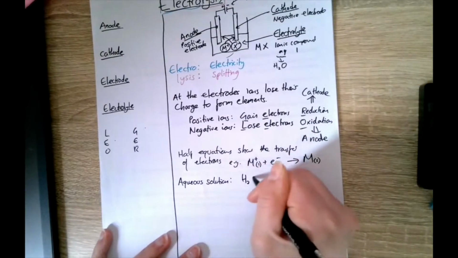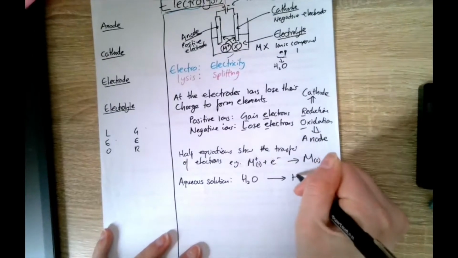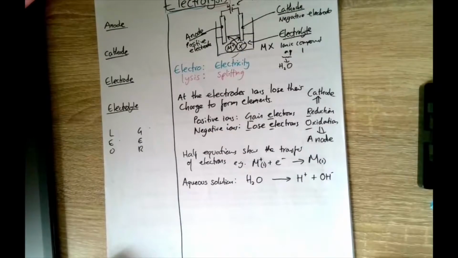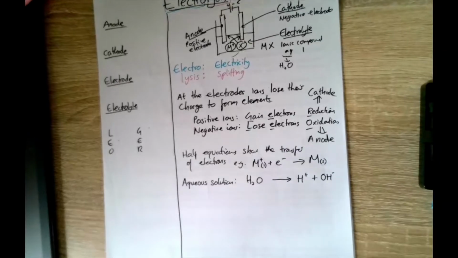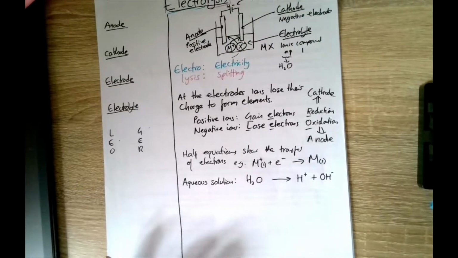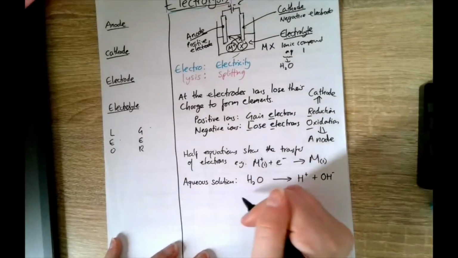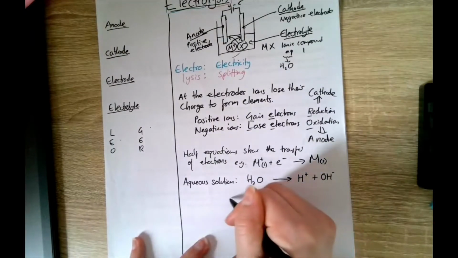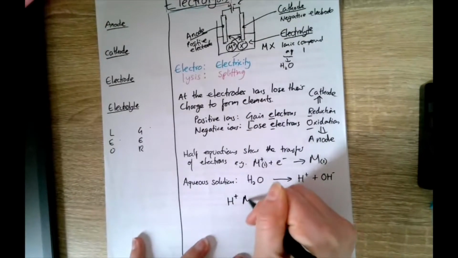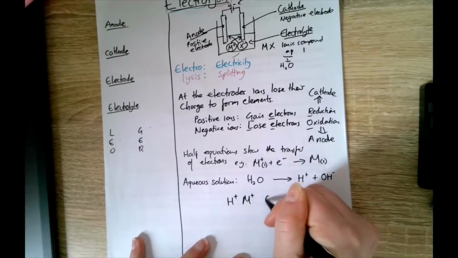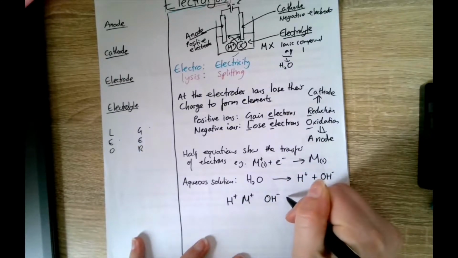Our H2O actually splits up into H+ and OH- when an electrical current is passed through. And so that now means that we have 4 ions in our electrolyte. We have our H+ and our M+, and we have our OH- and our X-.